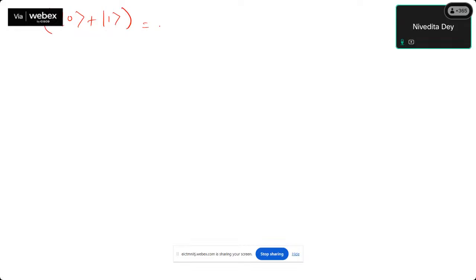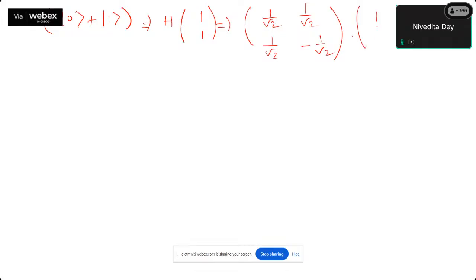So what is the Hadamard matrix? A 2 cross 2 Hadamard matrix. Or in short, let me write this as nothing but 1 and 1. And then Hadamard is nothing but 1 by root 2, 1 by root 2, 1 by root 2, and minus 1 by root 2. And this is nothing but 1 and 1. If you multiply it, what will it be? Is it compatible? Yes.